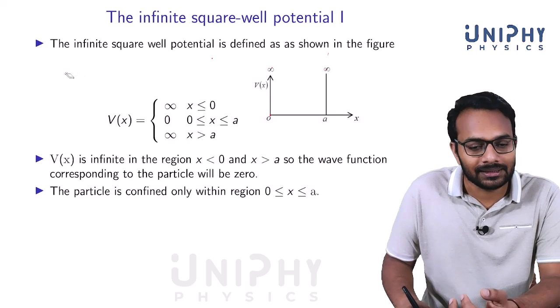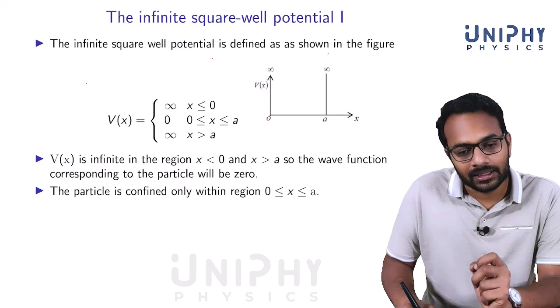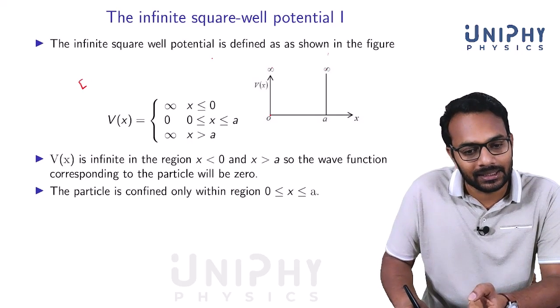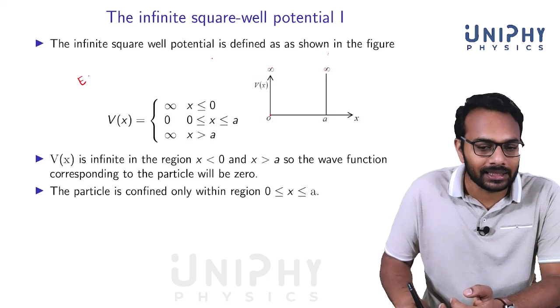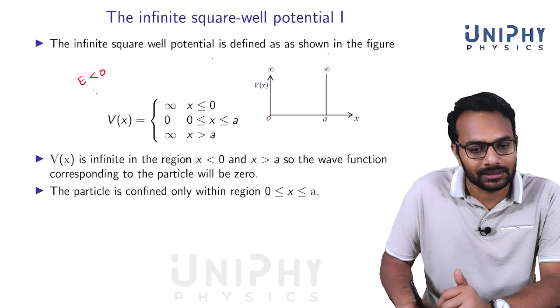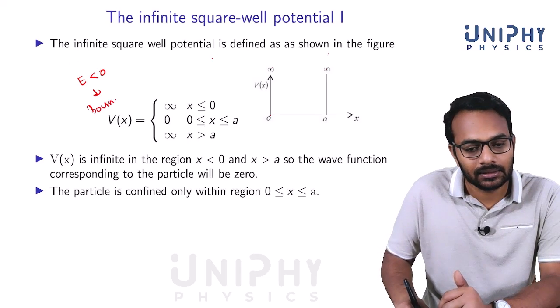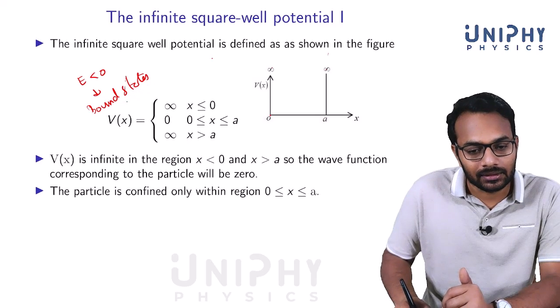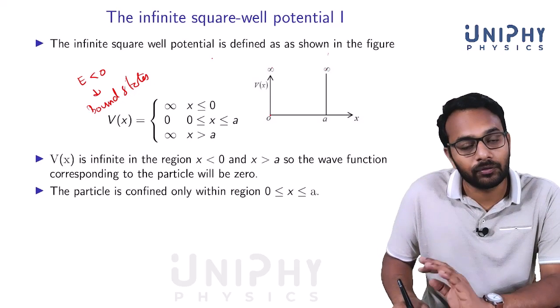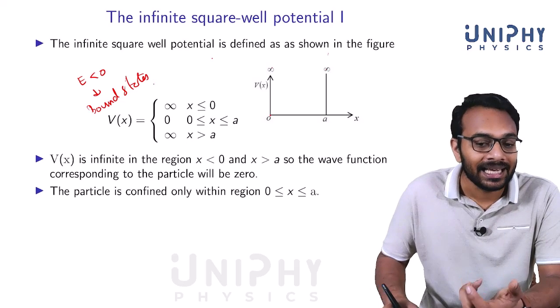You'll see that the Schrodinger equation has this property: for bound states, if E is less than 0, you don't have a solution to the Schrodinger equation for all energy values, which means that energy is discrete.